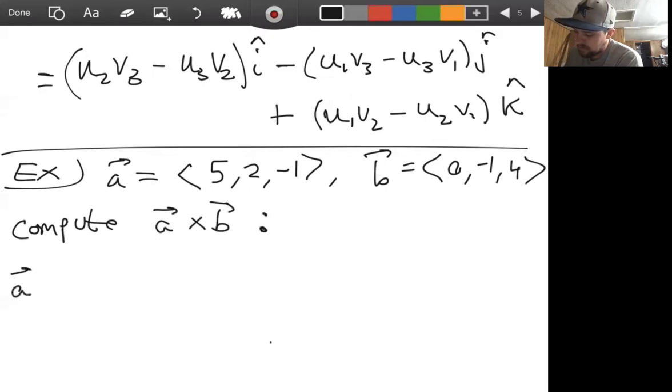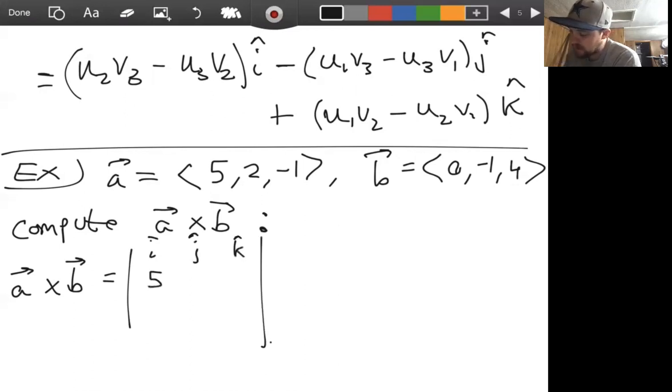Okay, well, a cross b, now we just go straight to the setup. It's I hat, j hat, k hat. And then in the second row, we have the vector a, so 5, 2, -1. And then in the third row, we have the second vector, which is 0, -1, 4, right? And now let's compute the cross product by computing a determinant.